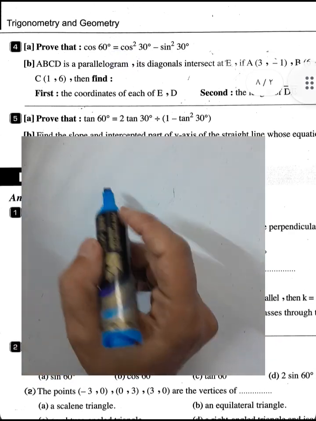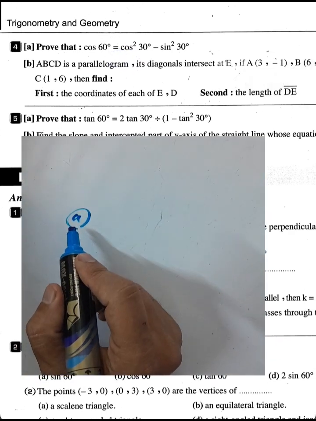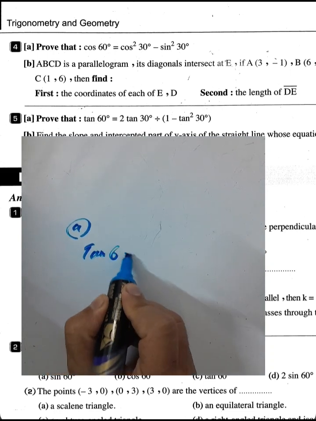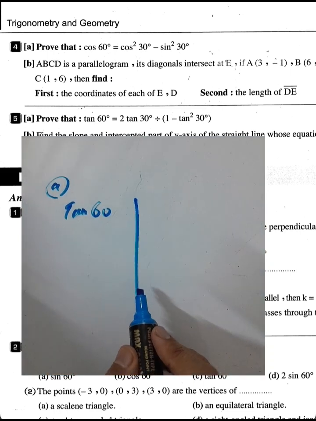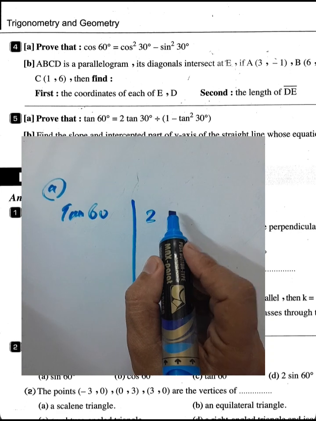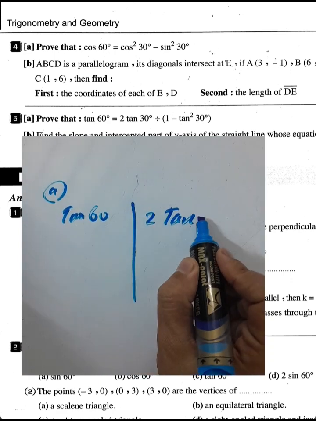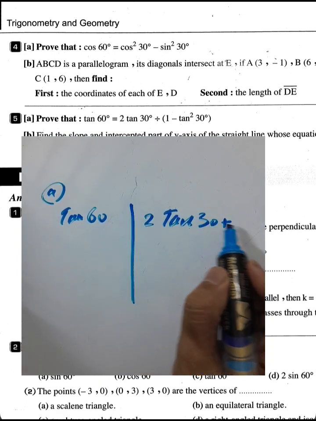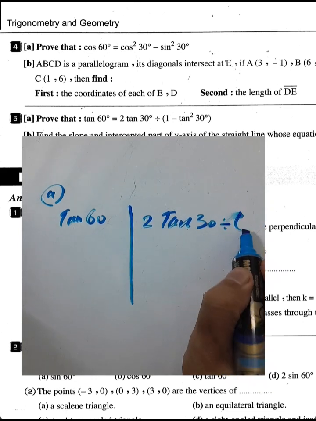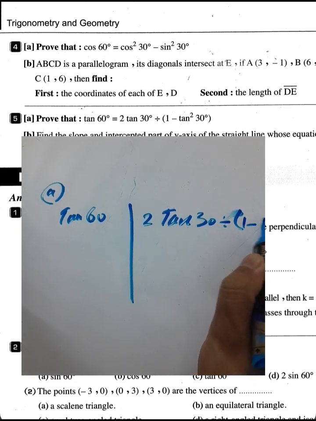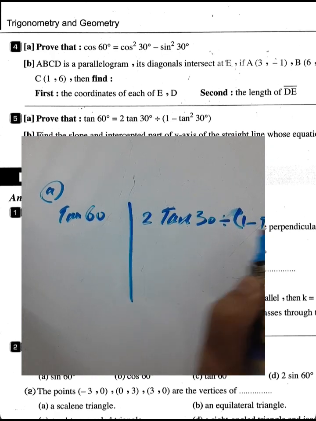Next example, prove that left hand side equals right hand side. Question 5, letter A. We have tan 60, and here 2 tan 30 divided by 1 subtract tan 30 power 2.